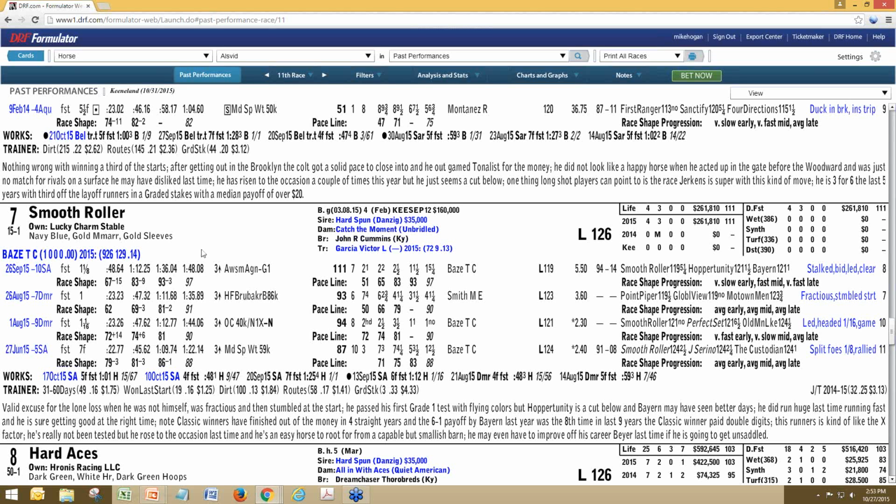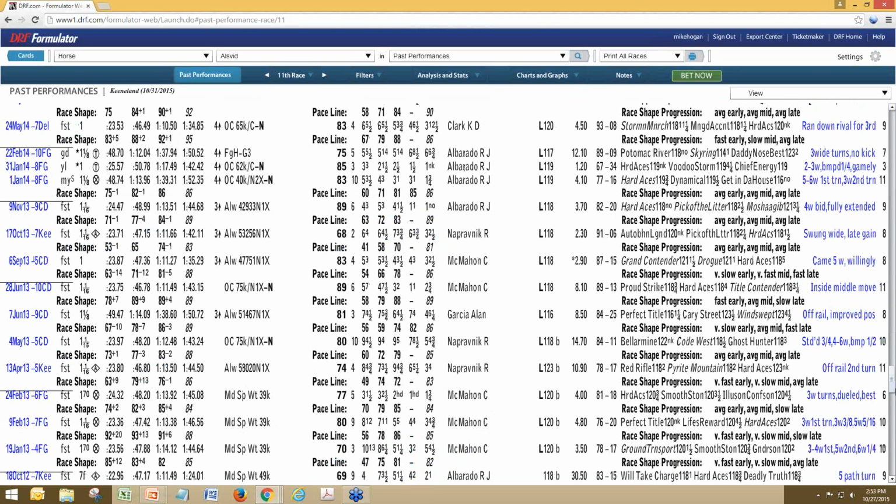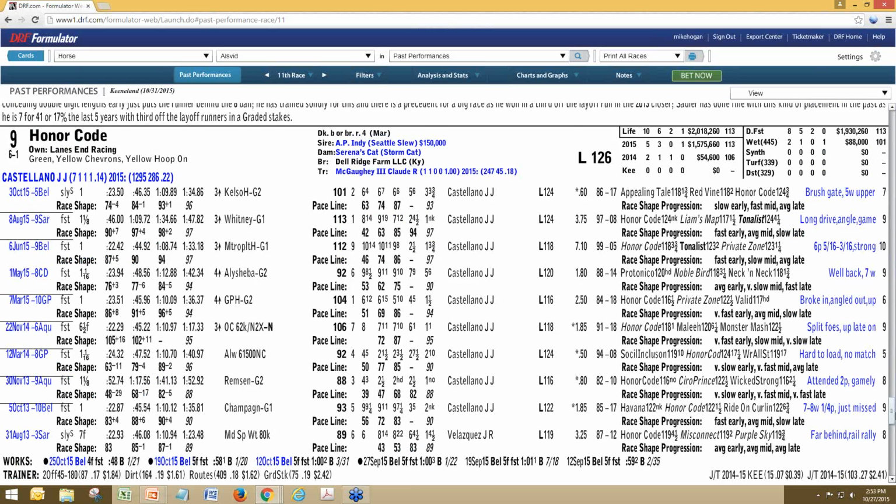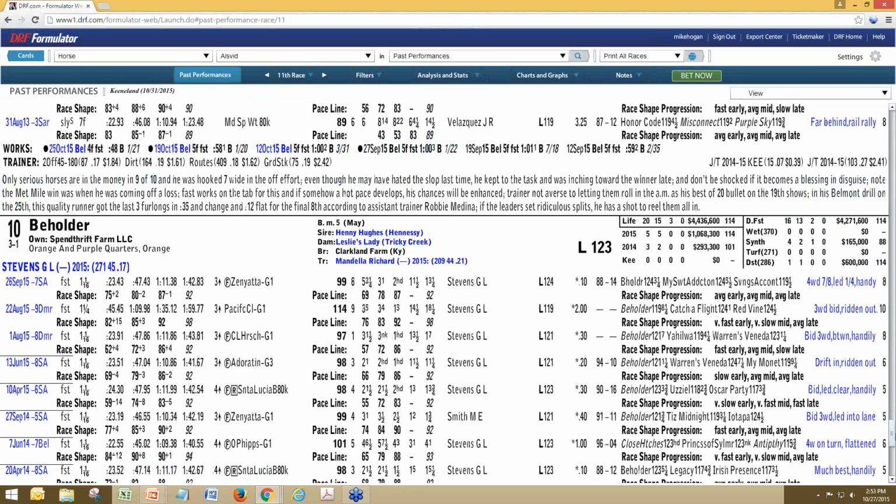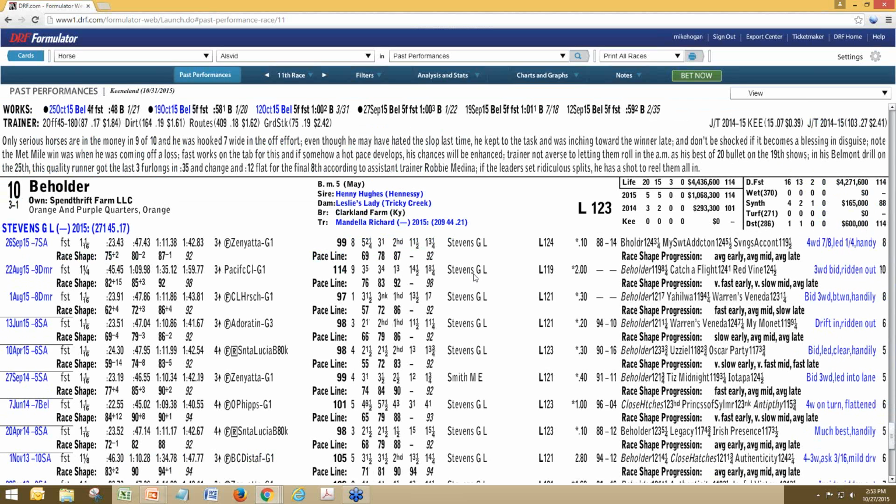So I think it's going to be Beholder that's going to be taking the first crack at American Pharoah. And it's going to be really interesting to see what happens when she does launch that kick.